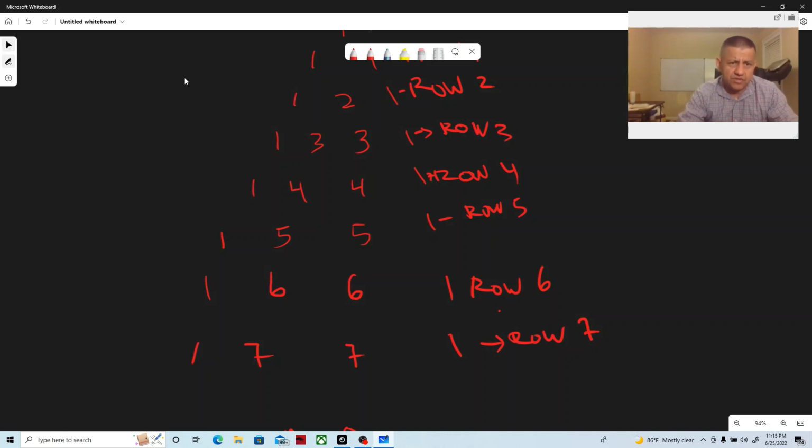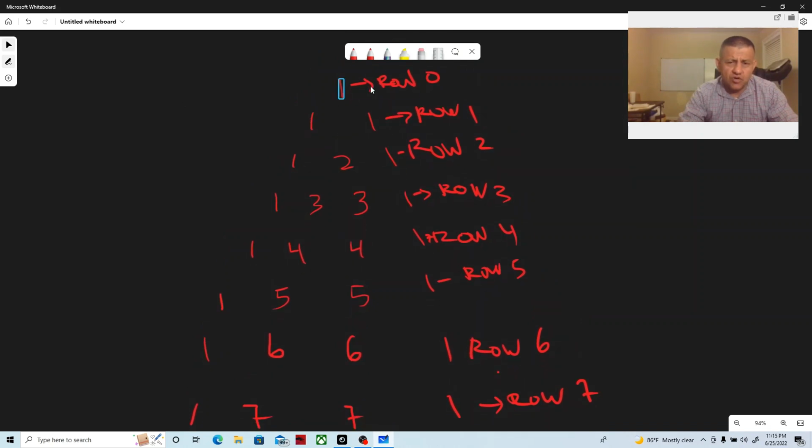So in the first one, we know that was 1, right? Any number to the 0 power was equal to 1. The first one, right? Any number to the 1 power, remember, it was that number, right?